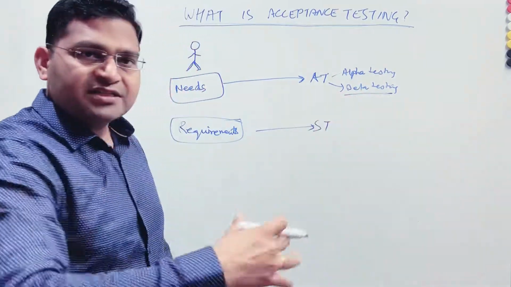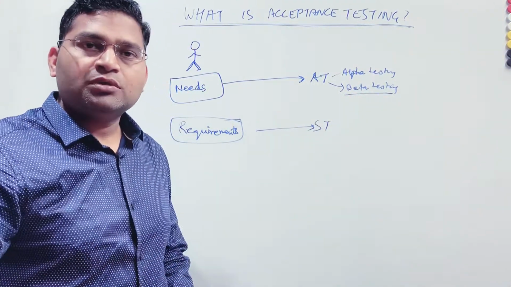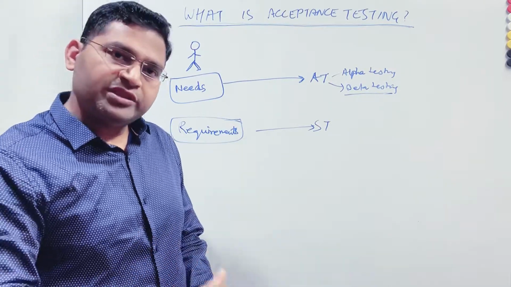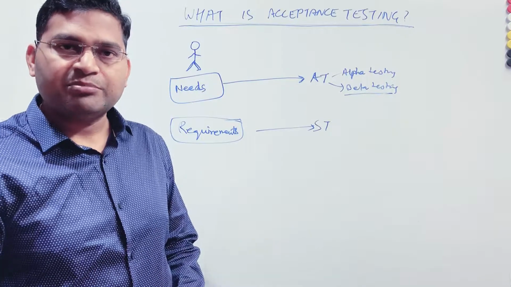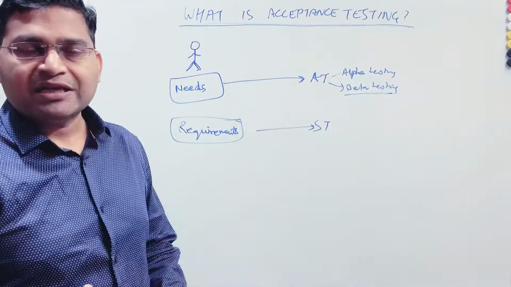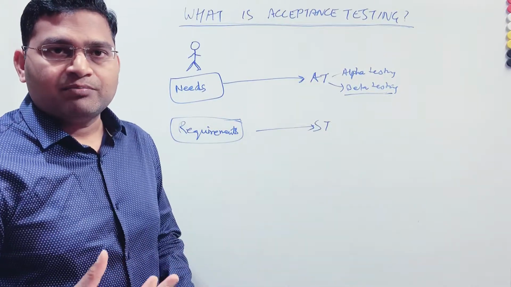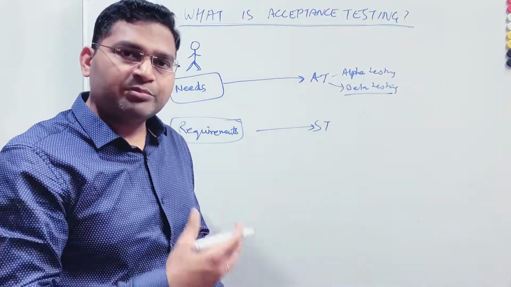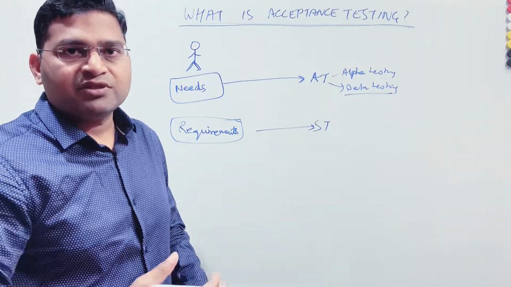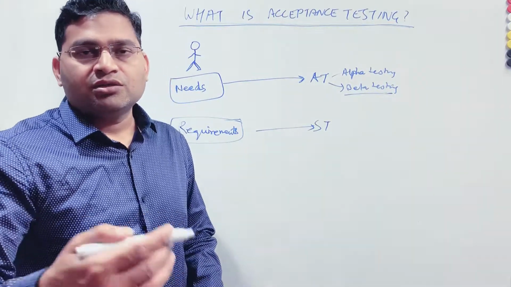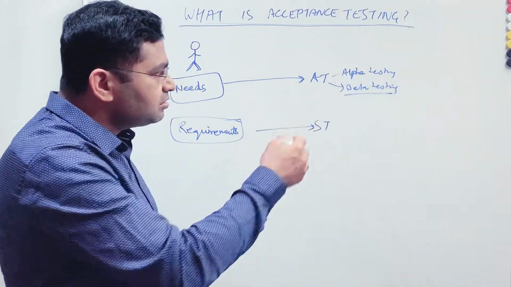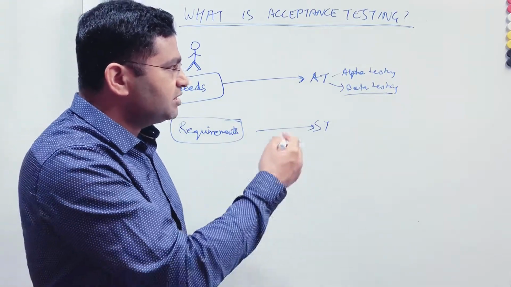Alpha testing will be done internally at the Google headquarters or Google office, with the help of business teams and business users. Once they are happy with it, they roll out to the beta testing phase, and it will be available to us to use that particular feature and report any issues. If the software crashes, you will report it to Google. So that's what beta testing is. These are phases of acceptance testing.